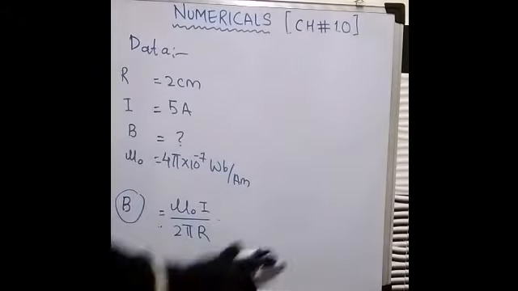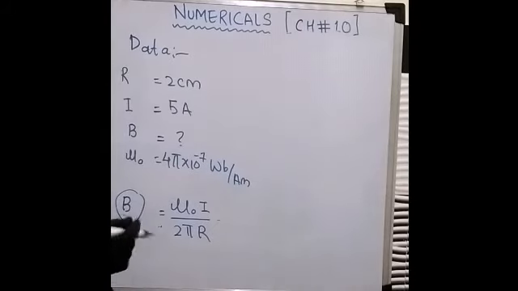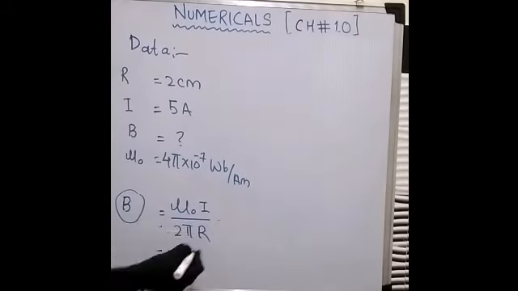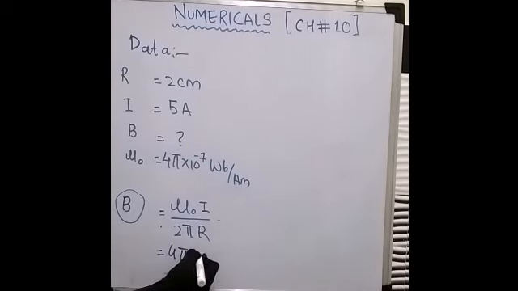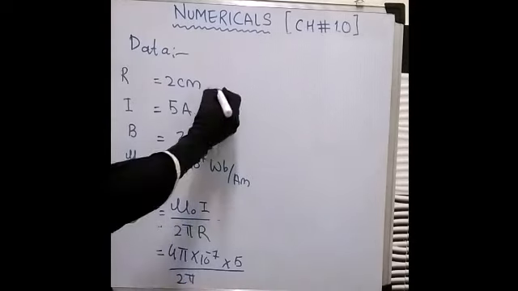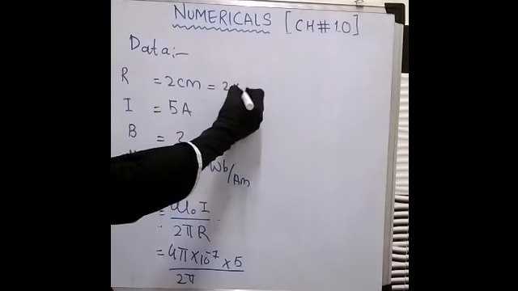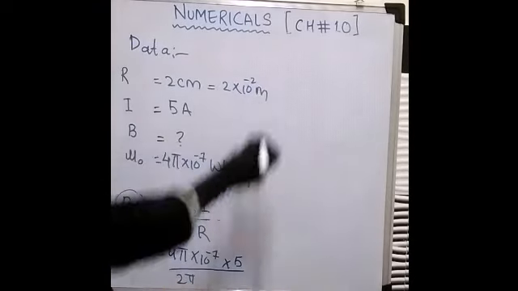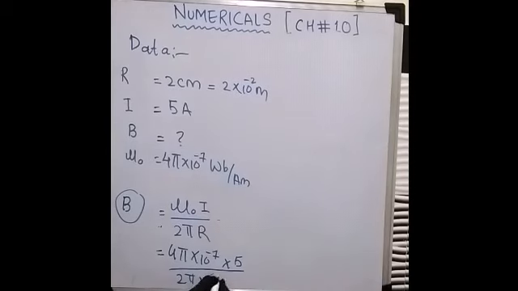So here we have to use this formula. Finally we have mu naught, I, and 2 pi r. Just substitute the values. So here it will be 4 pi into 10 raised to minus 7 into I, that is given as 5 ampere, upon 2 pi r, where r is 2 centimeter. It is in centimeter, so 2 into 10 raised to minus 2 meter.